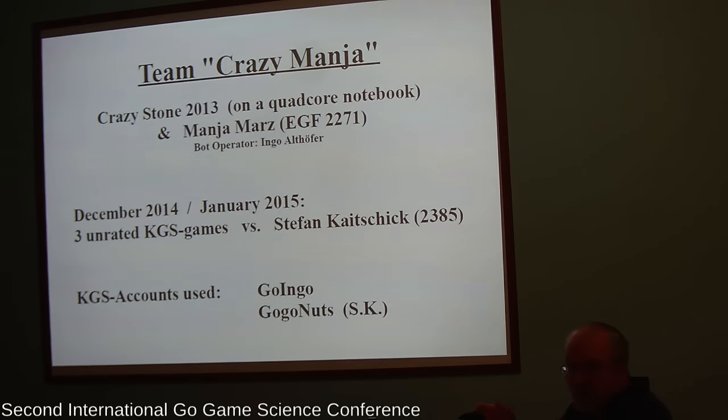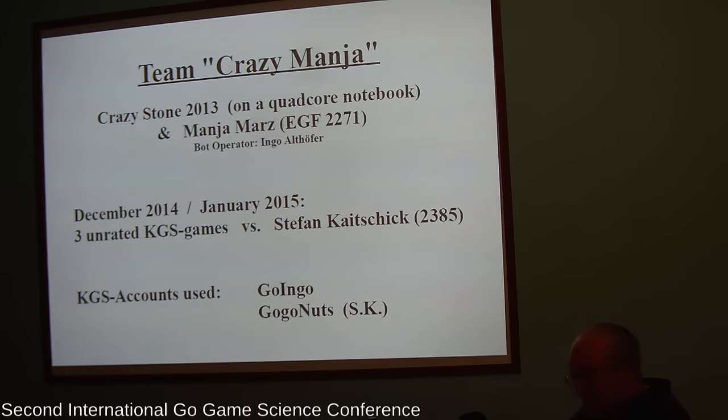Maybe 2,400, maybe on that slow machine 2,300. It's not so clear. And I was the bot operator. I will tell you why it was necessary to have a third person or a third entity involved. Yes, and we called the team Crazy Manja. And some of you maybe know Manja. She is sort of crazy by herself already, so it was a very fitting name for this team.